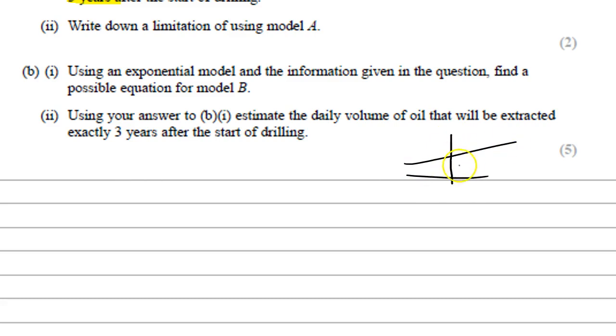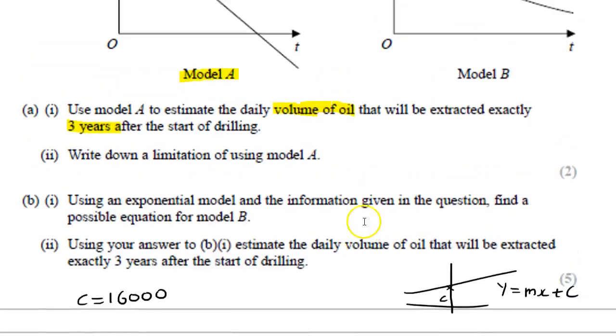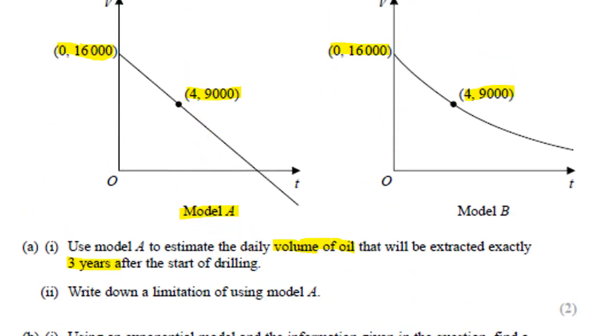This is a line and this is called c, the y-intercept, and the equation of this line is given by y is equal to mx plus c. So if you see here, we can easily get c is 16,000. Now let's calculate the gradient, and we are going to calculate it in this part.